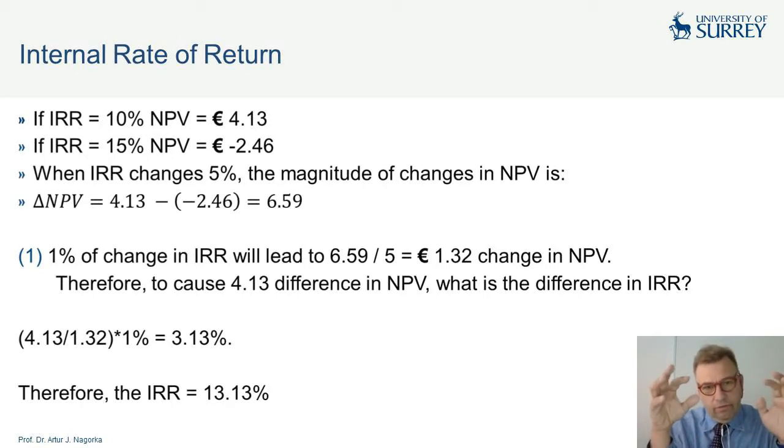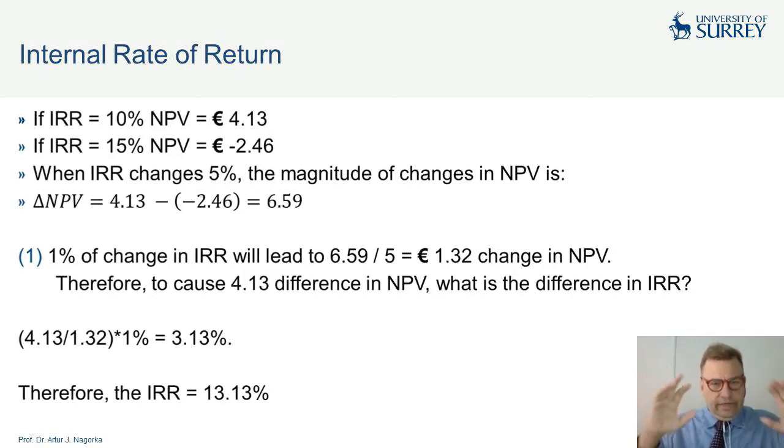So the first method, the fastest, the quickest: 1% of change in IRR will lead us to what change in NPV in euros? It will lead us to 6.59 divided by 5, which means €1.32.